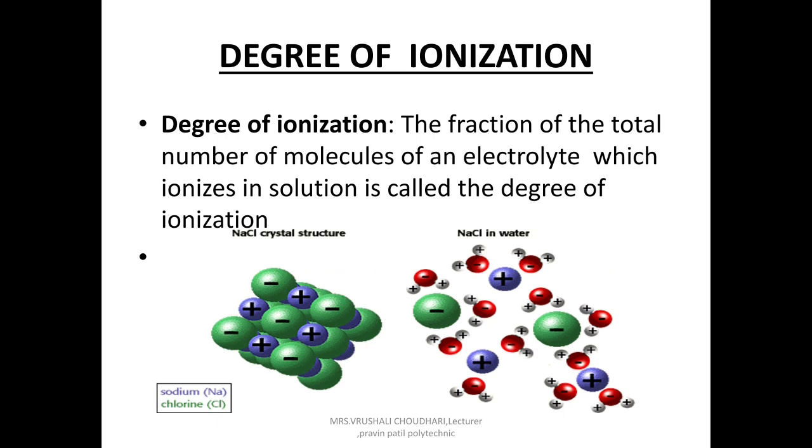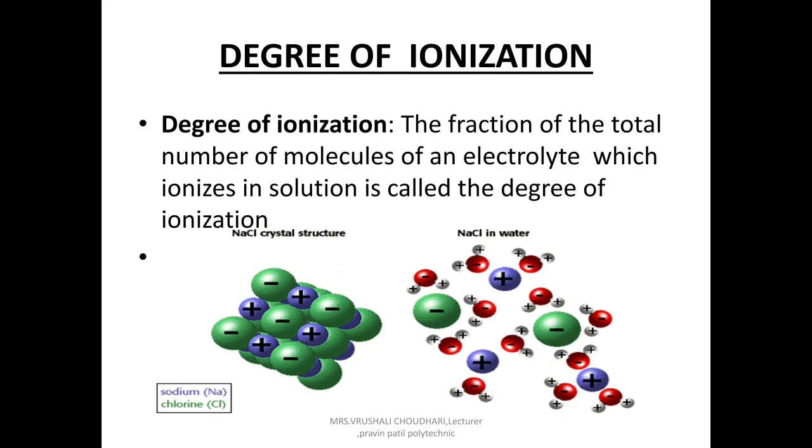Degree of ionization. The amount of salt dissolved in a solvent is determined by the degree of ionization. Degree of ionization tells us about a strong electrolyte and a weak electrolyte.